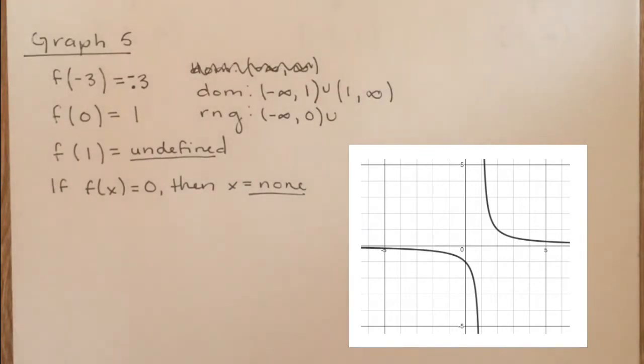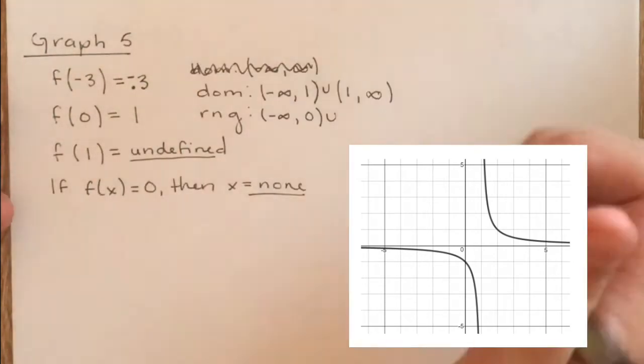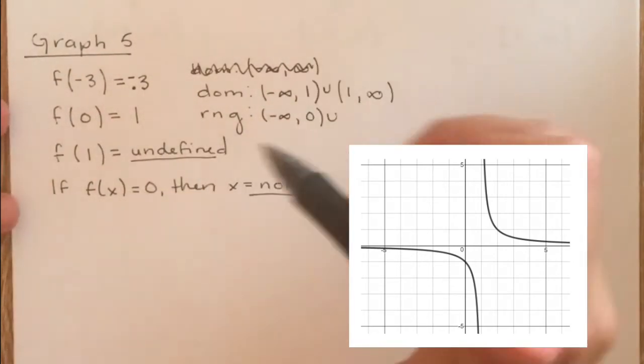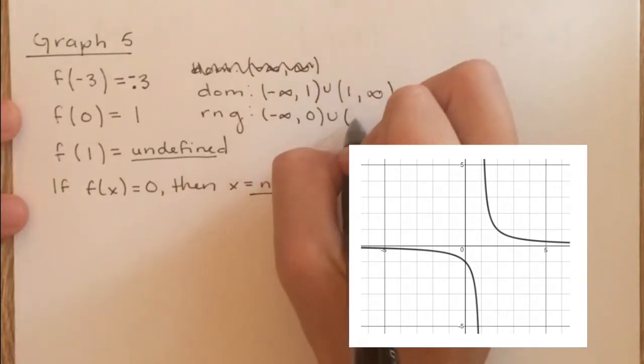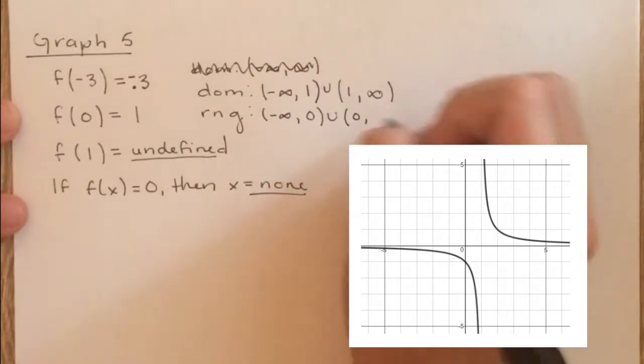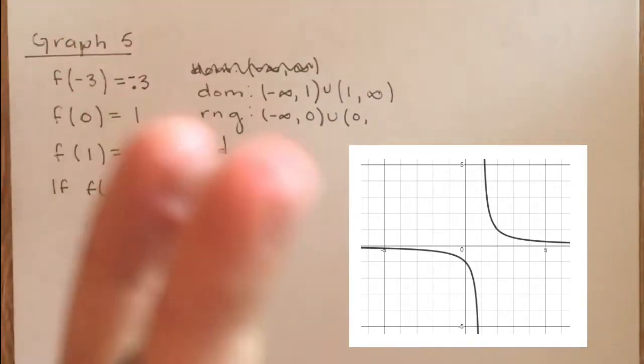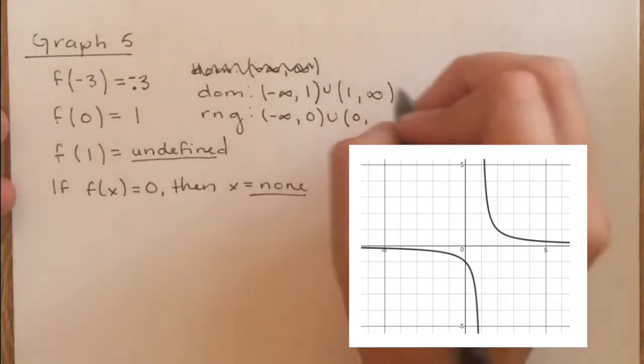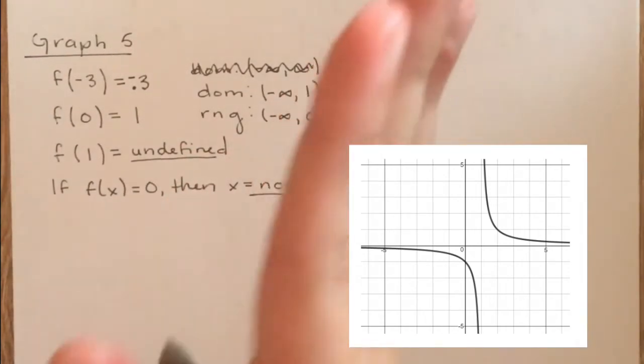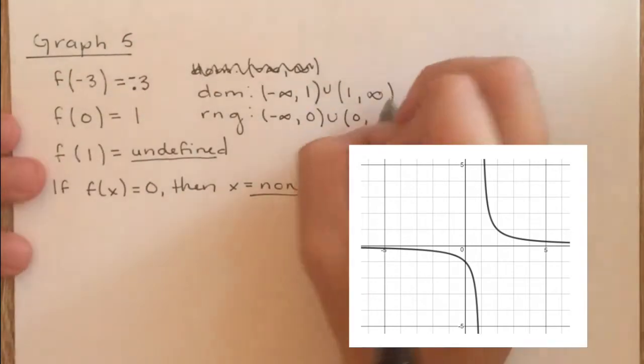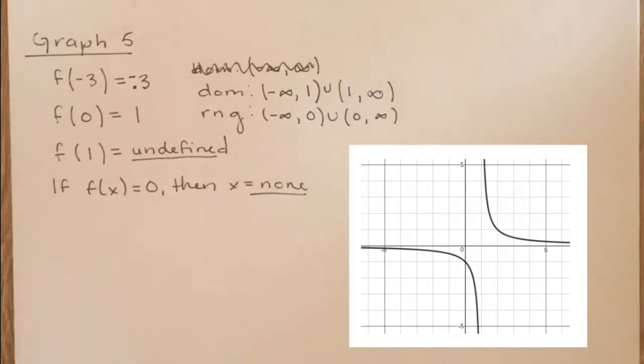When we look off to the right, along y equals 0, we've got that piece that's coming in and moving up. So again, not including 0, but everything after that. And then we're going all the way up to infinity, so we've got that arrow that's pointing up, so we know we're going all the way off to infinity with a parenthesis. Infinity always has a parenthesis.